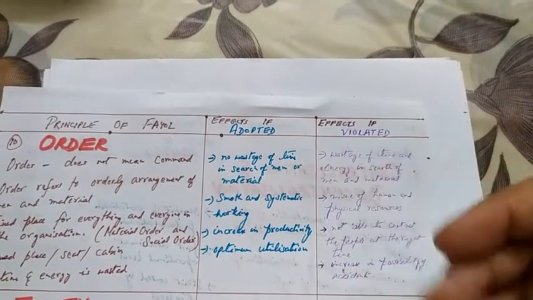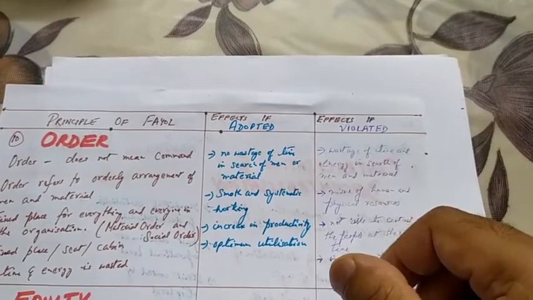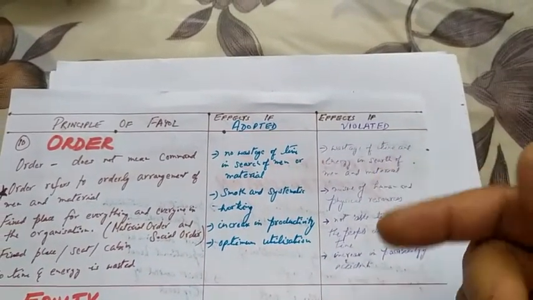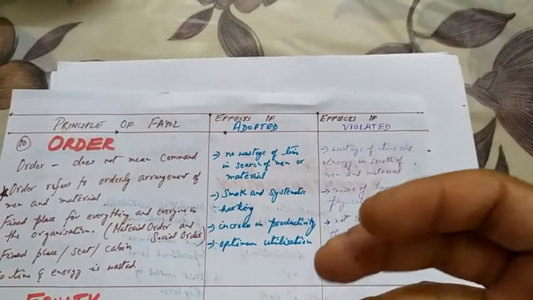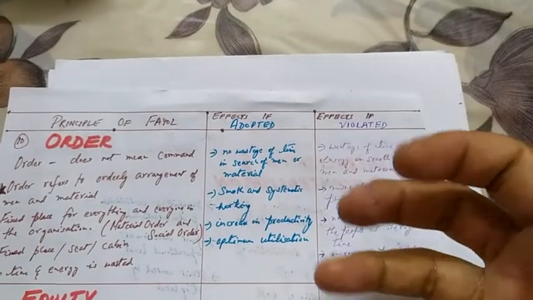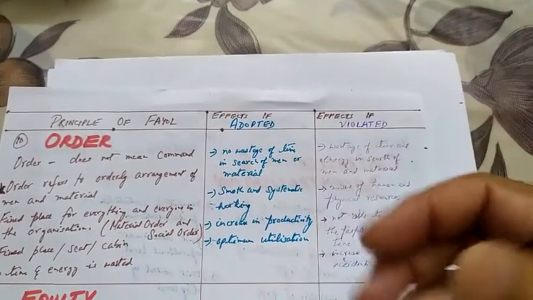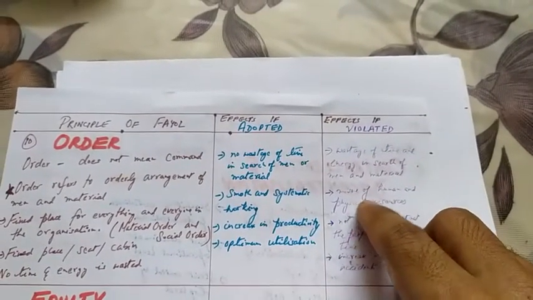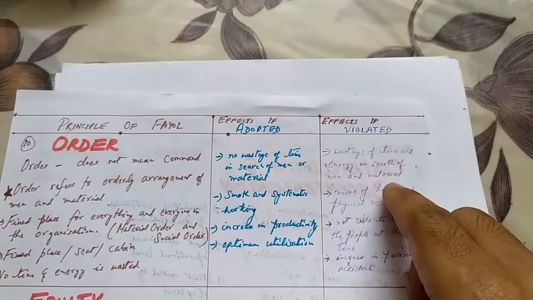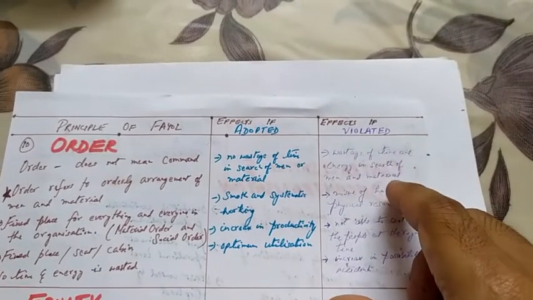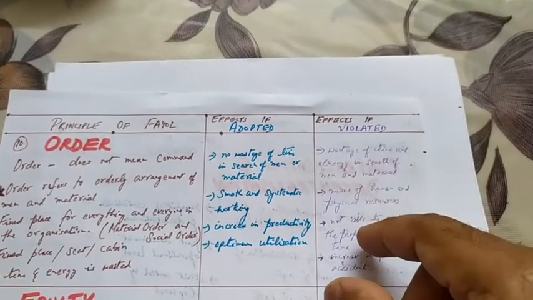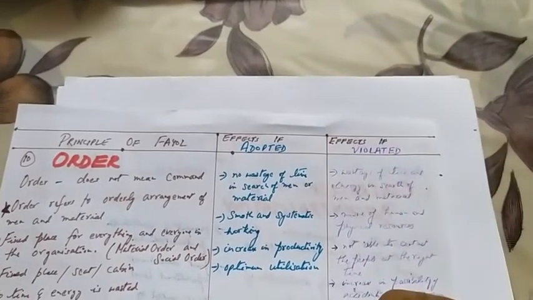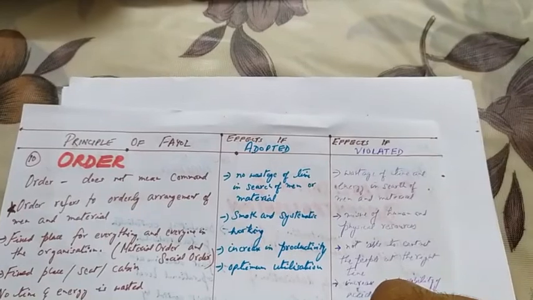That is, the workman who has been employed may be efficient enough or very skillful in his work, but if he doesn't have the necessary tools with which he is going to work, and if those tools are not kept in proper place, then his effort or his skill will be wasted for that day or that duration of the work time.